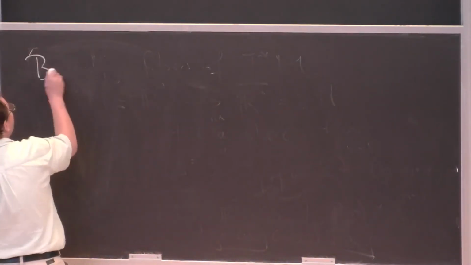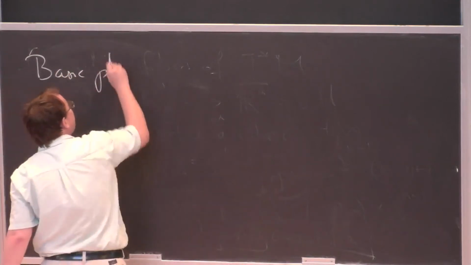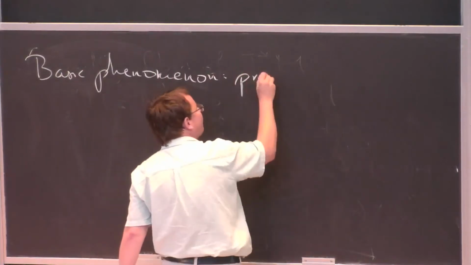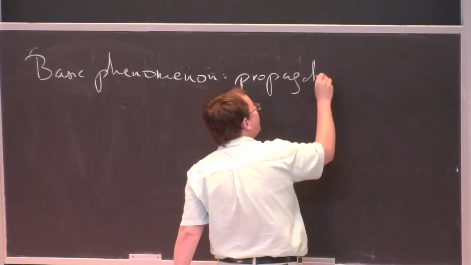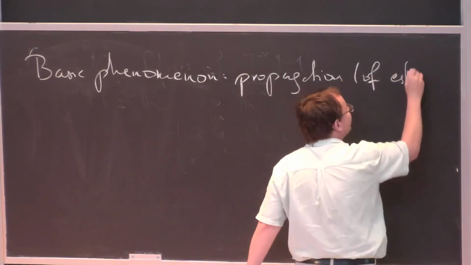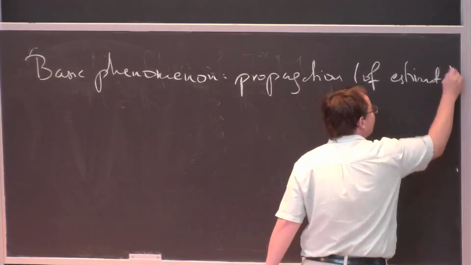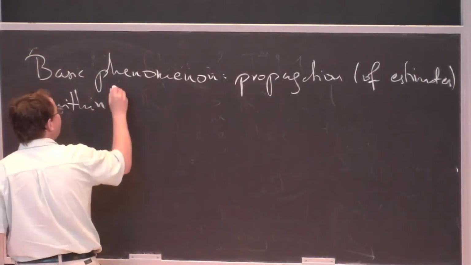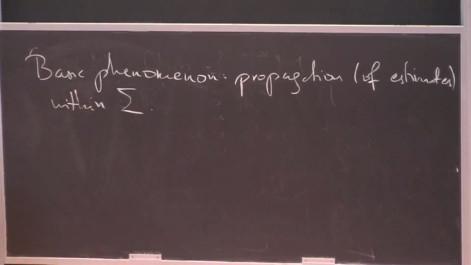So the basic phenomenon will be propagation. Propagation of what? Say of estimates, or singularities, or whatever you want. I'm going to say of estimates because that's what I write down, within sigma. Now, propagation how? Like in what direction?